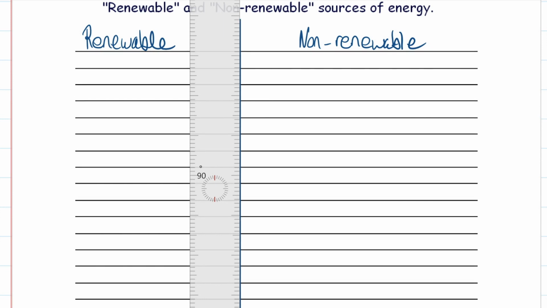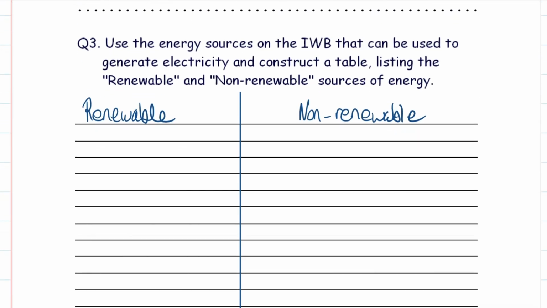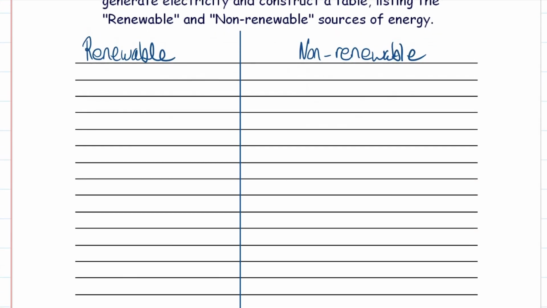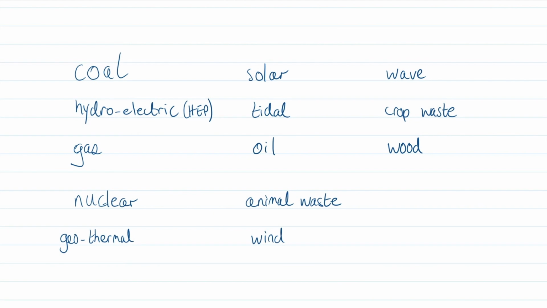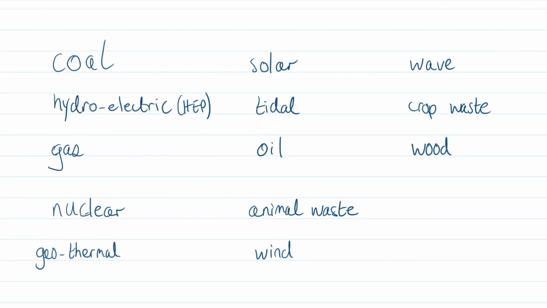And just to help with that, I know it says in the question to use the IWB, the interactive whiteboard, but I've just written down the different energy sources here for you.